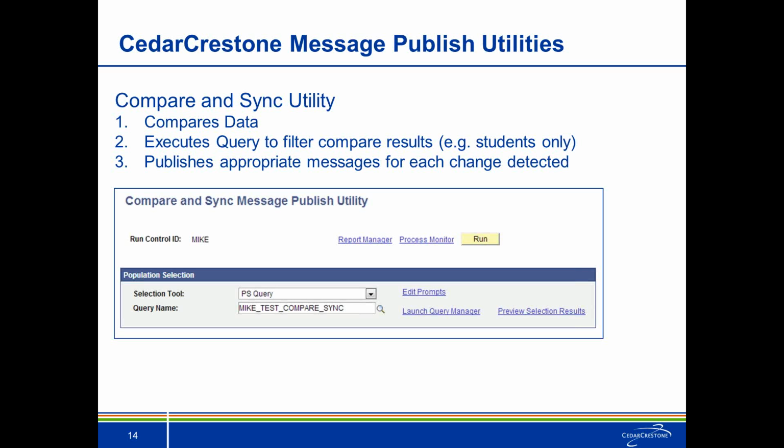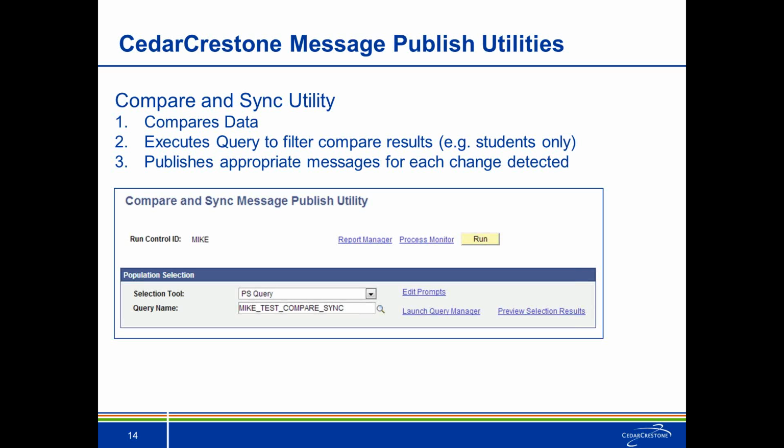It's something we can certainly extend, but custom tables and such, it wouldn't know about that. But it does know about all the split-related messages, person and disability, and those messages. What it'll do is first run the compare, and then against that you can run a PeopleSoft query if you want to filter that. Generally, the filtering we're doing is just filtering out the students only.